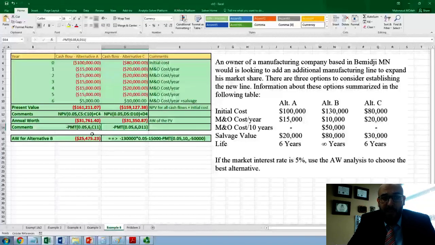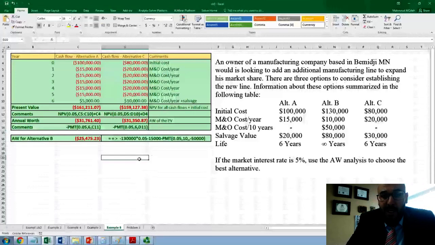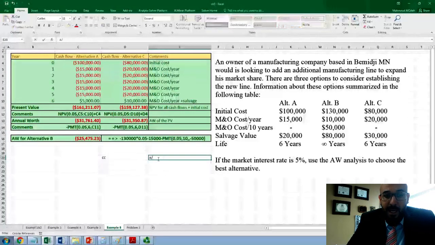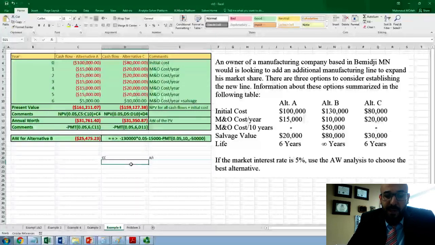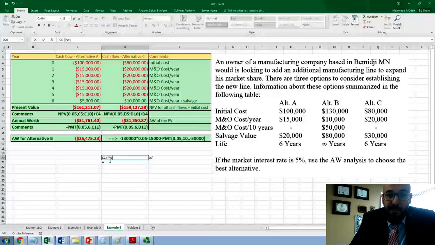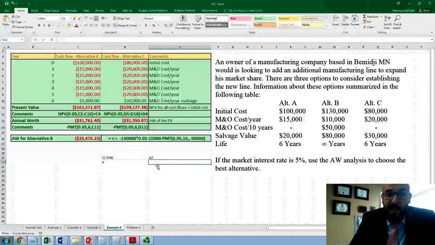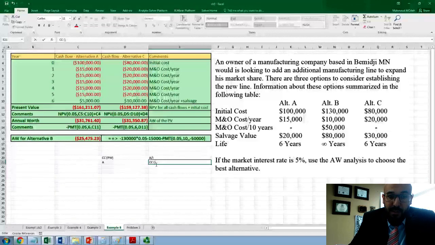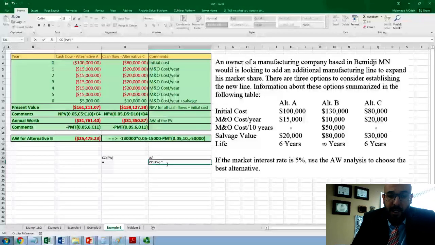Now for alternative B, we've learned that the capitalized cost is equal to A, the annual worth, divided by i. We said the capitalized cost is another term for the present worth. So in order to find A, we multiply the capitalized cost, or present worth, times i.